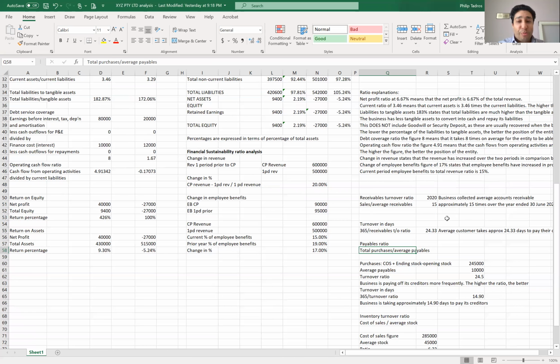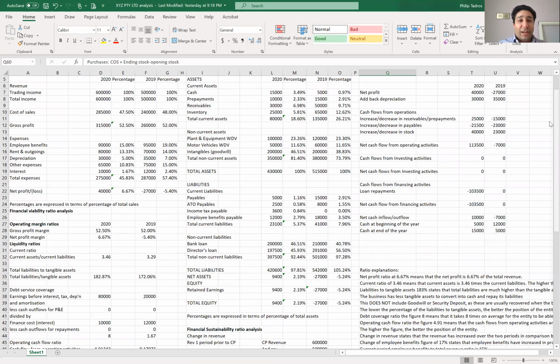It works out the total purchases divided by the average payable. So the purchases, you work it out by taking the cost of sales figure plus your ending inventory balance minus your opening inventory balance.